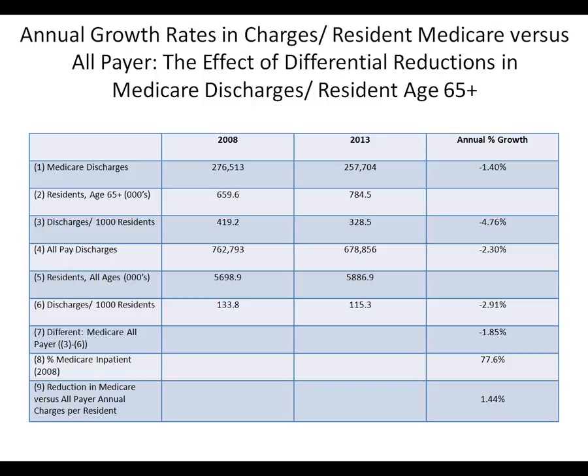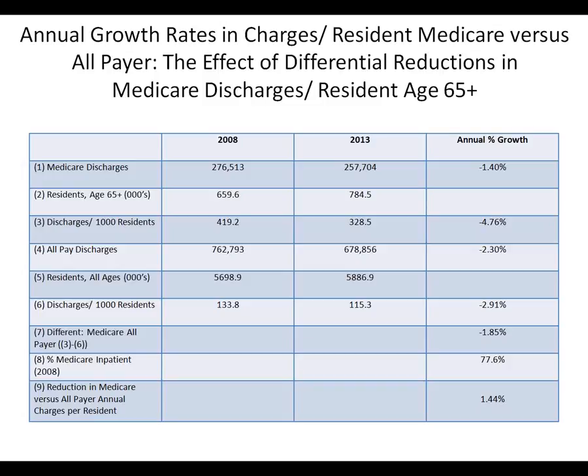The key point is that because of the mix of Medicare services, and the fact that they're disproportionately concentrated in areas where the rate of inflation is low, when calculated on a per resident basis, the relative rate of inflation in Medicare charges per fee-for-service beneficiary will be lower than the corresponding amount for all payers. I'm sorry, but I don't think I understood your question.